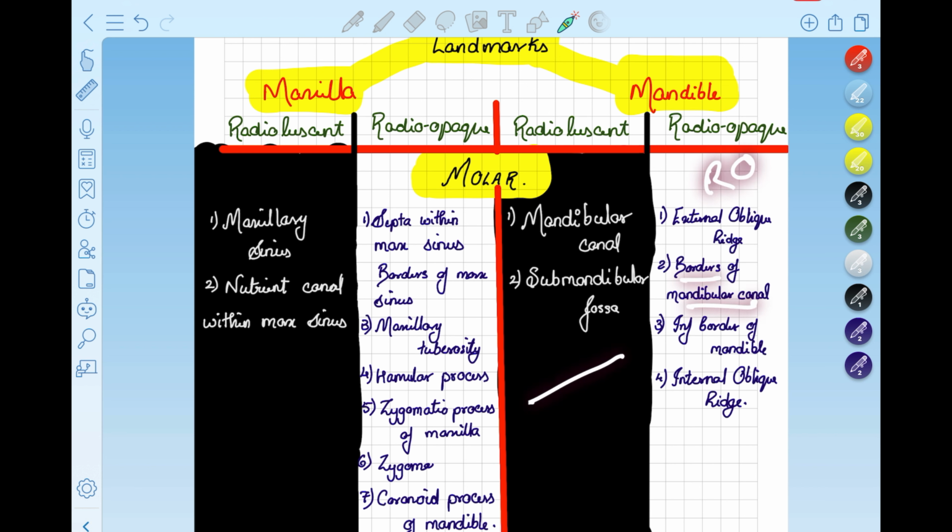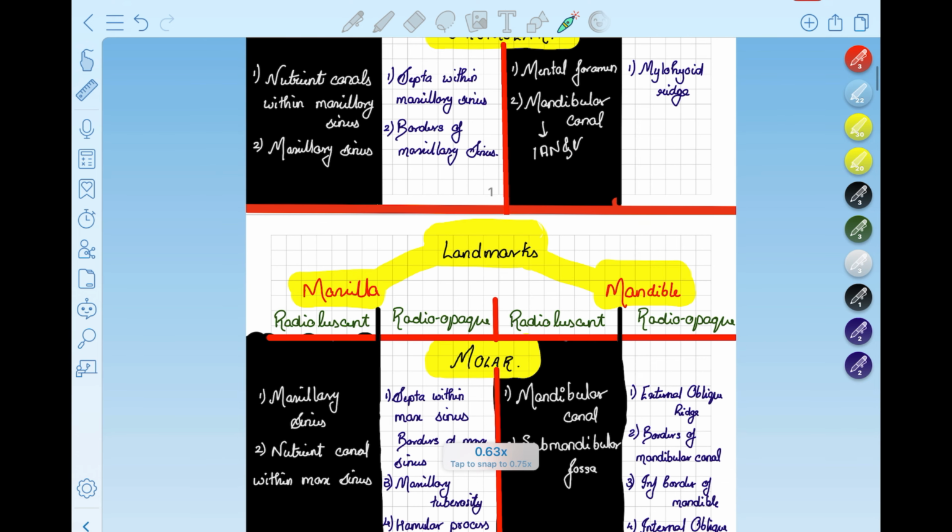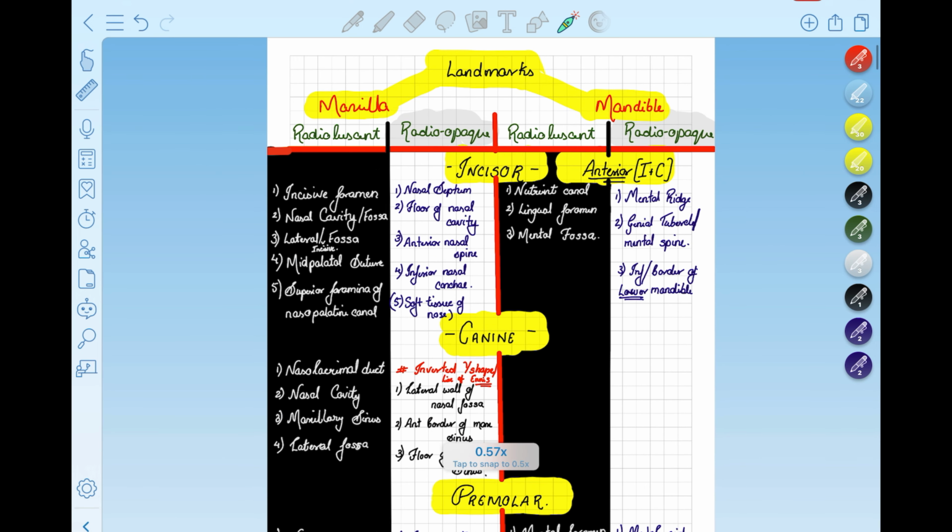The borders of the mandibular canal, that are the tramlines, and the inferior border of the mandible, obviously will also appear radiopaque. And the internal oblique ridge, how will the internal oblique ridge appear? It will also appear radiopaque. So this was all about the landmarks seen in IOPA. Thank you. Keep watching.